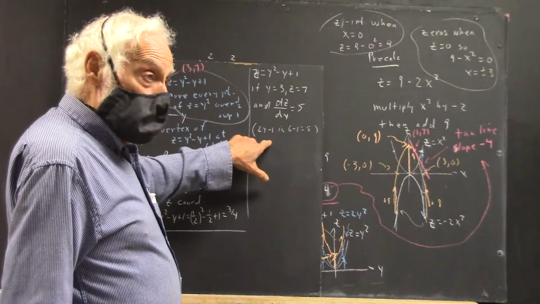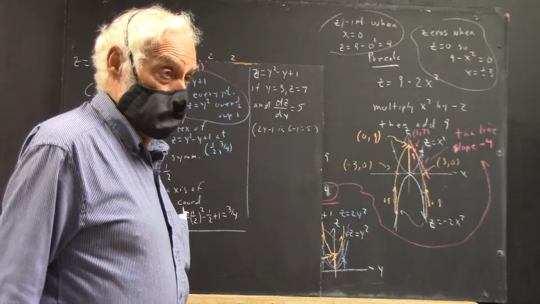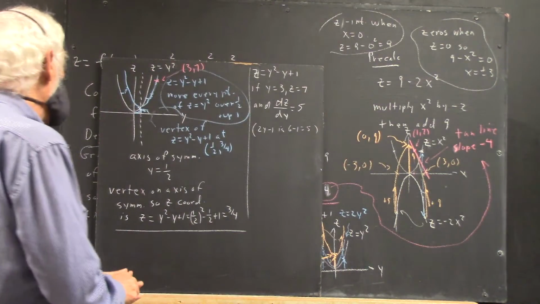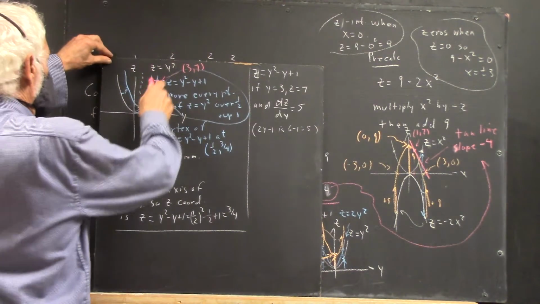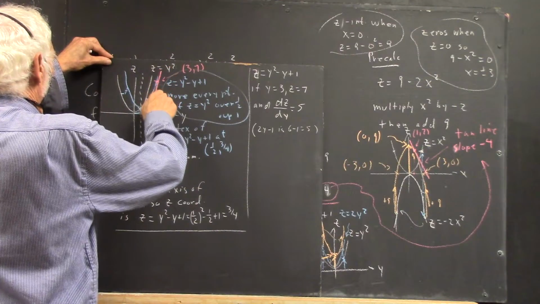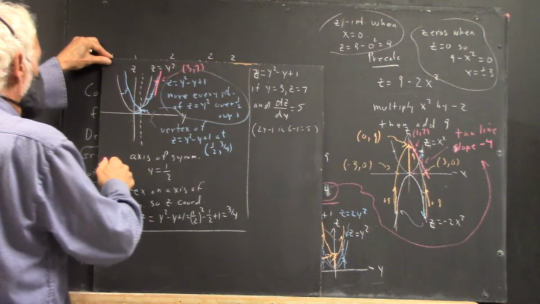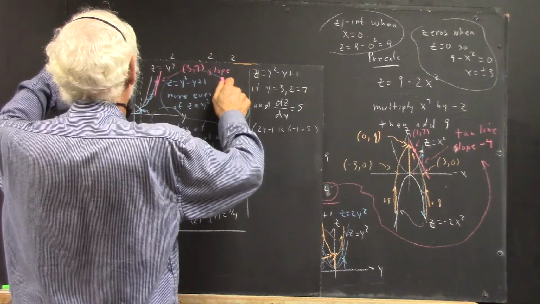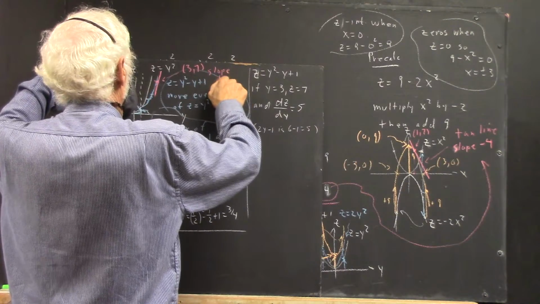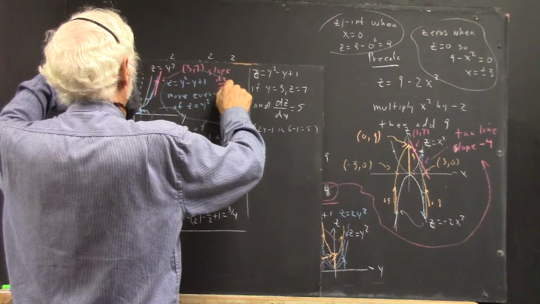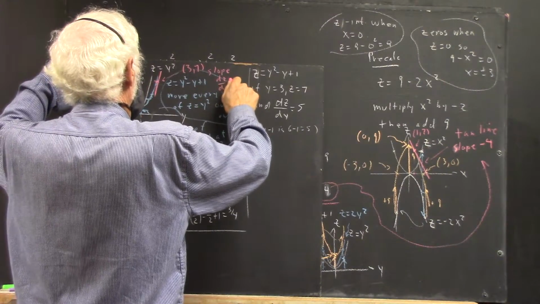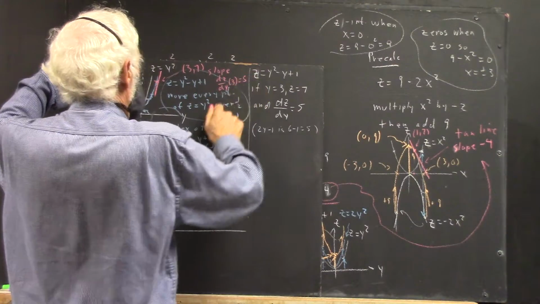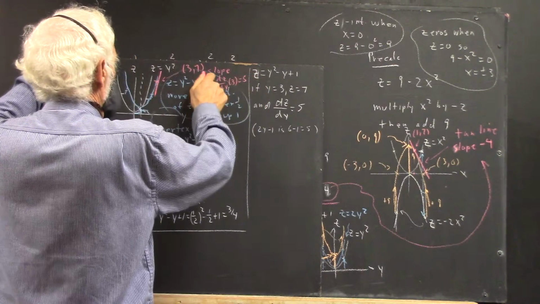Why do I write 2y minus 1? Because that's dz/dy, right? So you can represent that. The slope dz/dy evaluated at 3 gives you 5.